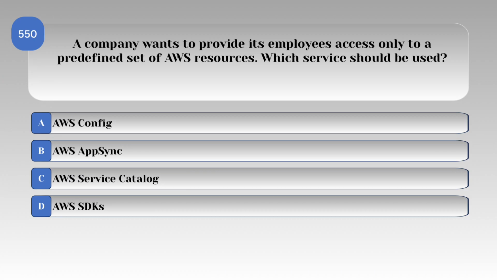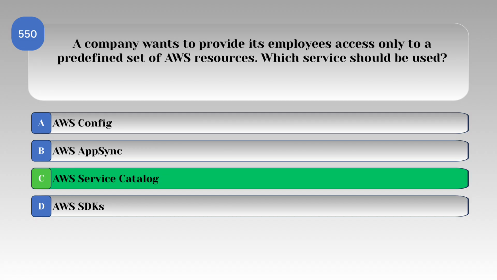A company wants to provide its employees access only to a predefined set of AWS resources. Which service should be used? Correct answer, AWS Service Catalog.